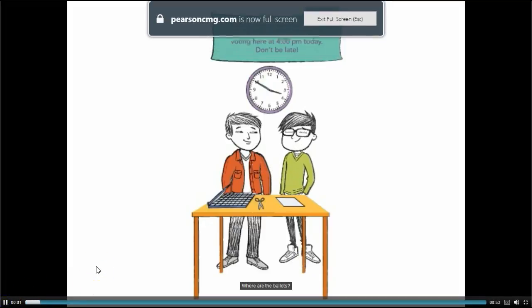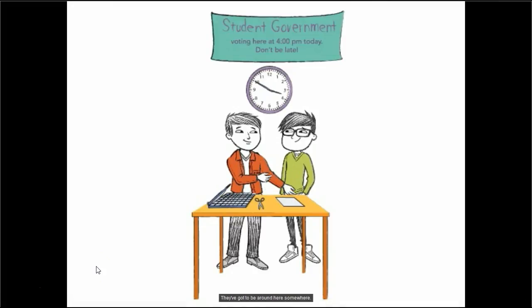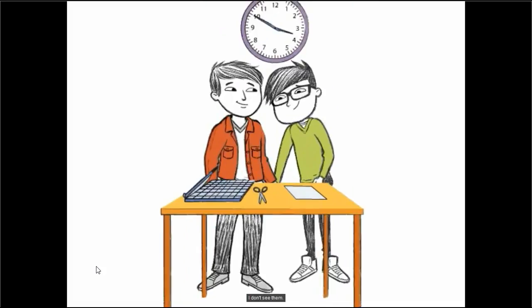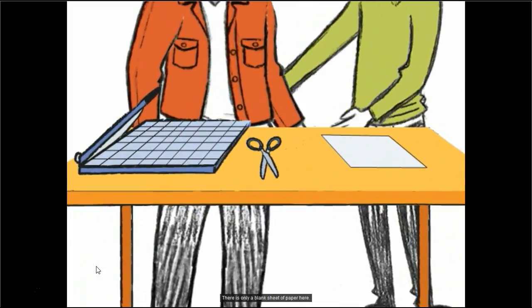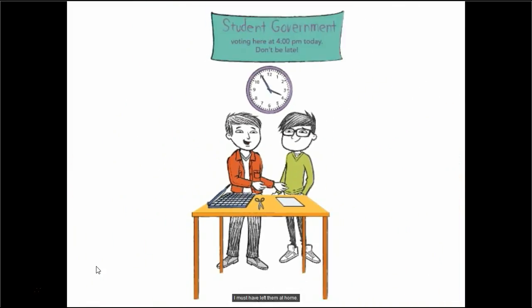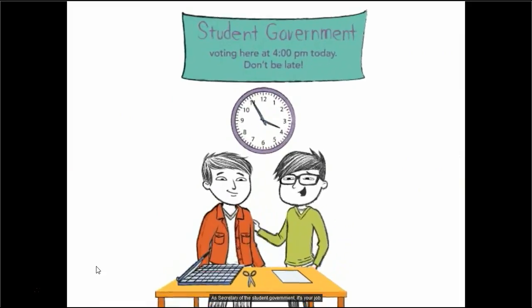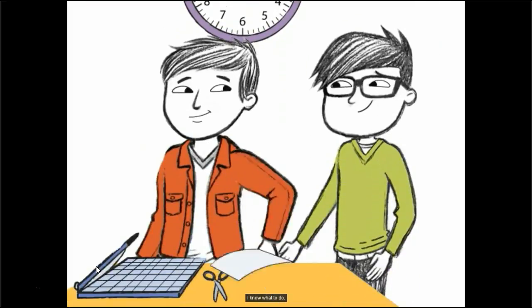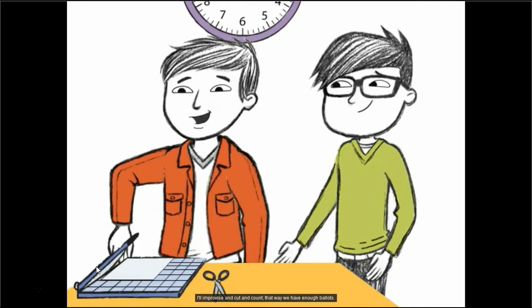Where are the ballots? I don't know. They've got to be around here somewhere. Help me look around. I don't see them. There's only a blank sheet of paper here. I must have left them at home. As secretary of the student government, it's your job to have ballots prepared for today's election. I know what to do. I'll improvise and cut and count. That way we have enough ballots.